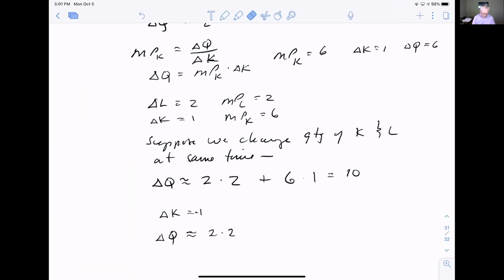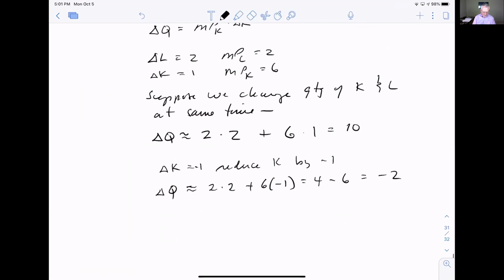So I'm going to reduce capital by -1. So I would have a marginal product of capital, we said is 6, times -1. Right, so this is going to be 4 minus 6 equals -2. So in this scenario, if I added 2 labors and took away 1 capital, I would expect the net effect to be -2.